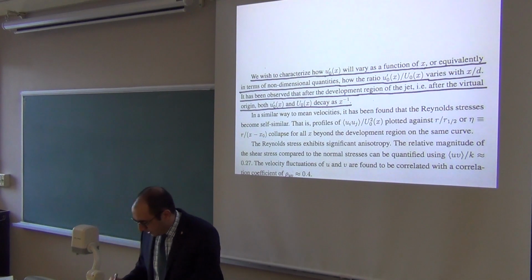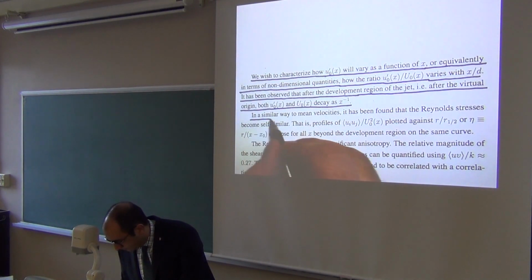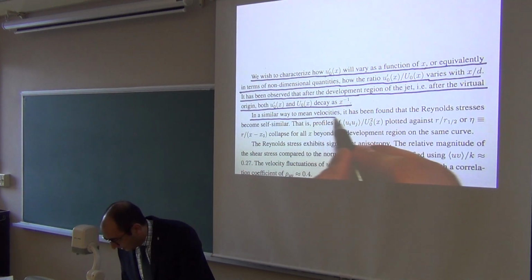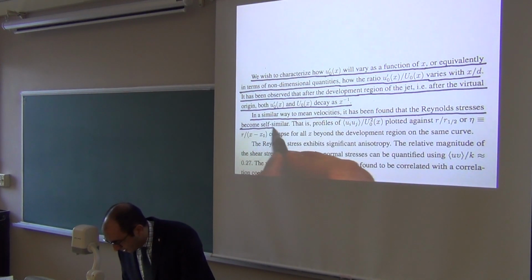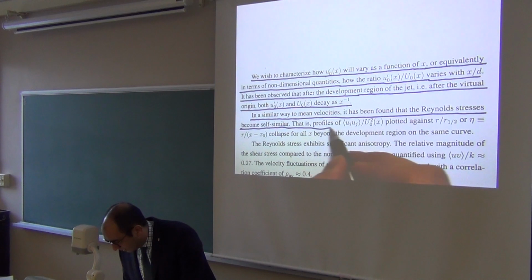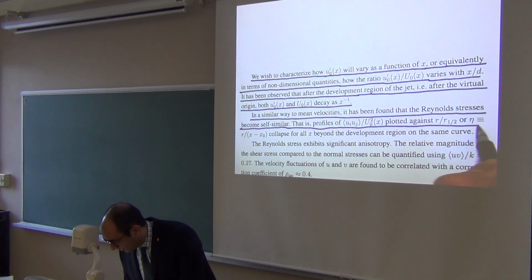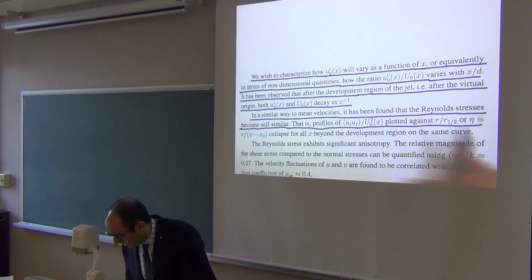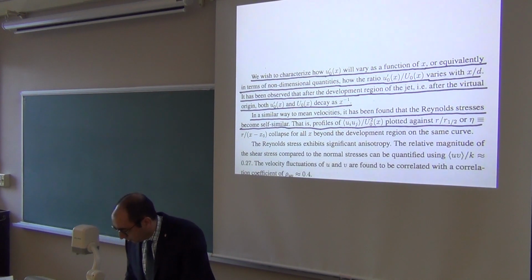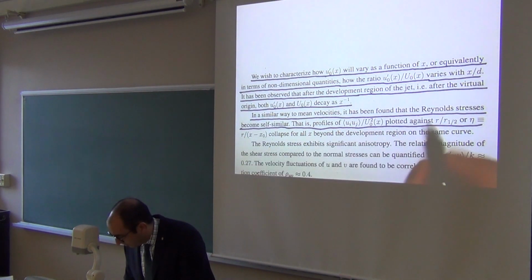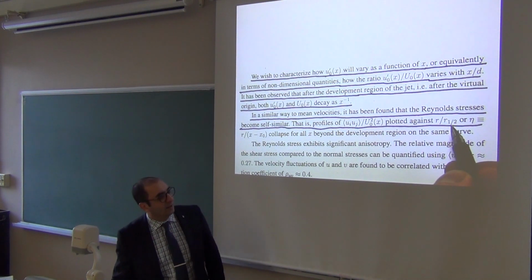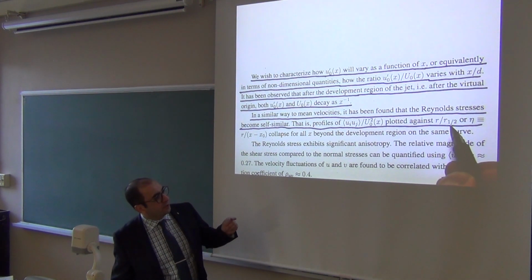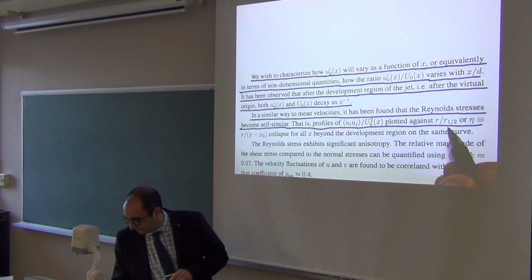In a similar way to mean velocities, it has been found that the Reynolds stresses become self-similar as well. So the profiles of the Reynolds stresses, now plotted against non-dimensional radial distance, if you remember, the R1/2 was the half width of the jet. It's the radial distance at which axial velocity drops by 1/2.